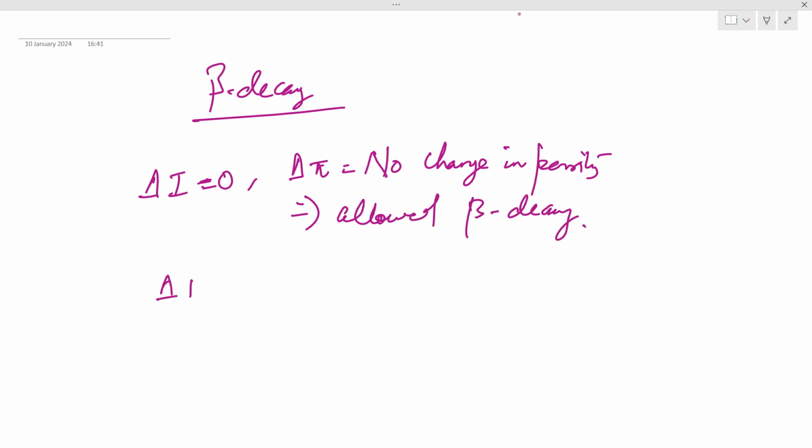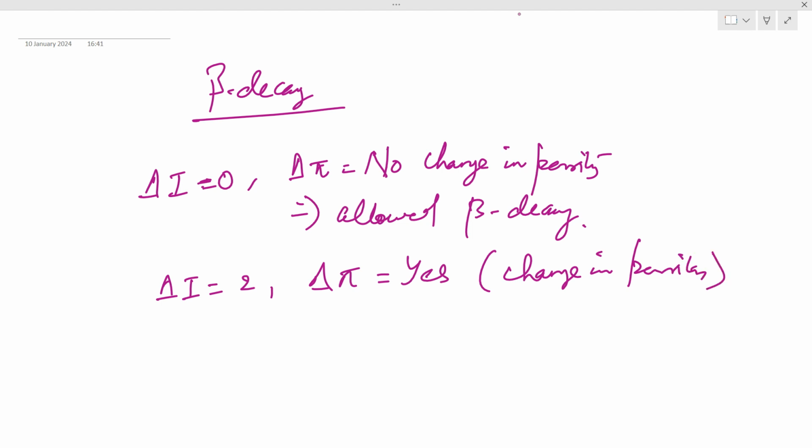For example, del I is 2 and del pi, that means there is a change in parity. If there is a change in parity and del I is 2, that is first forbidden beta decay.